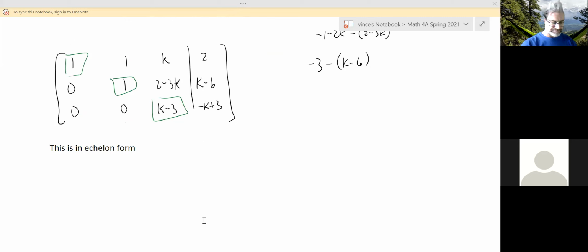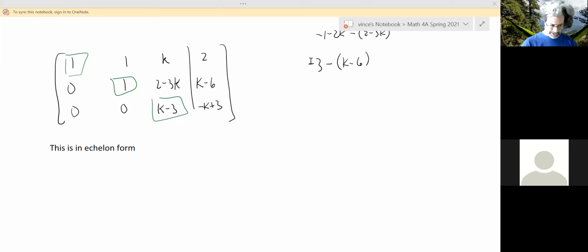Okay, it looks like there's no free variables because I've got a pivot in all three of these positions, right? But a pivot is going to be a non-zero number, right? So I'm going to have no free variables unless k is equal to what value? Yeah, 3, right? That's the sort of obvious number that would make things interesting here.